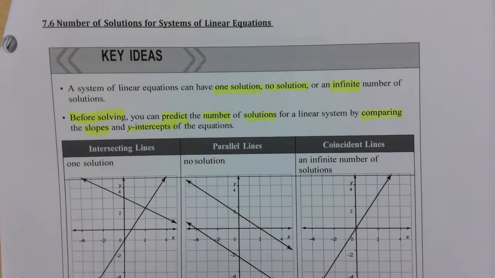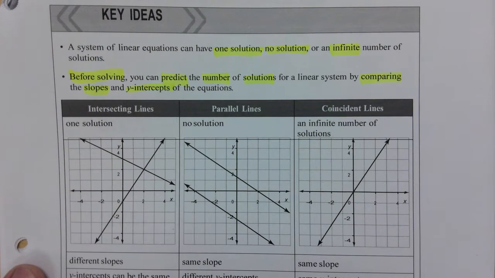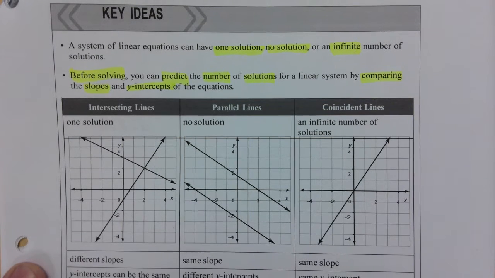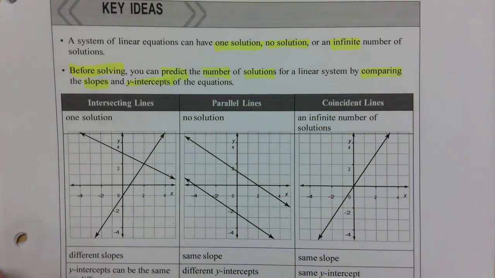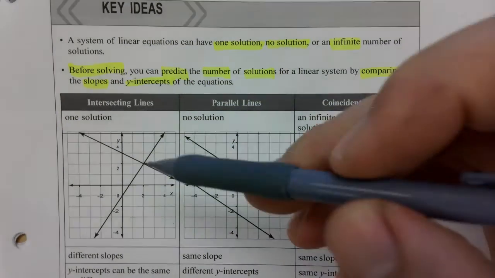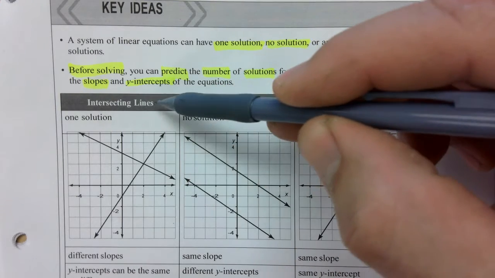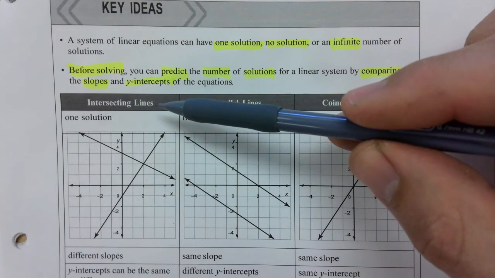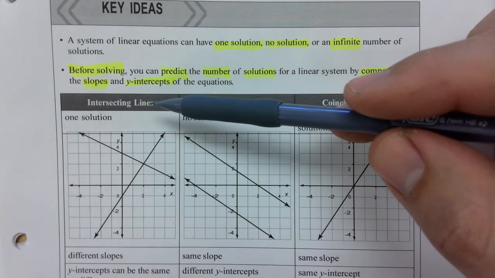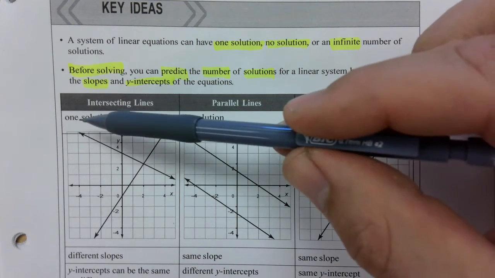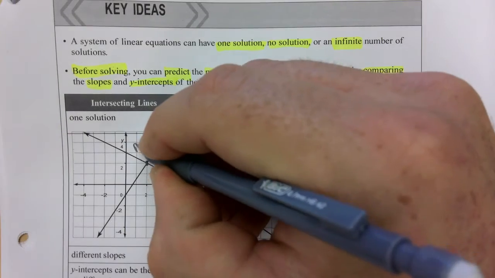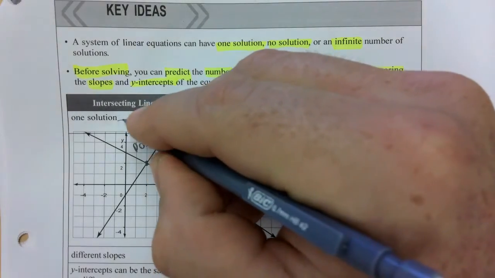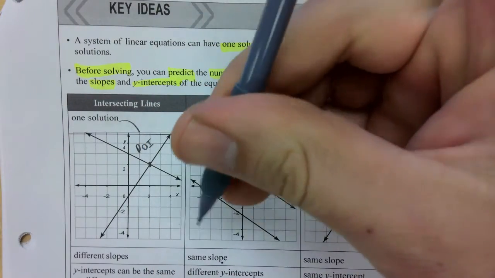So here you have the graphic way. If you look at the graphs of both equations and you have intersecting lines, which was the case for us up until now, you would have one solution. This is the POI, the point of intersection, and that is the solution.